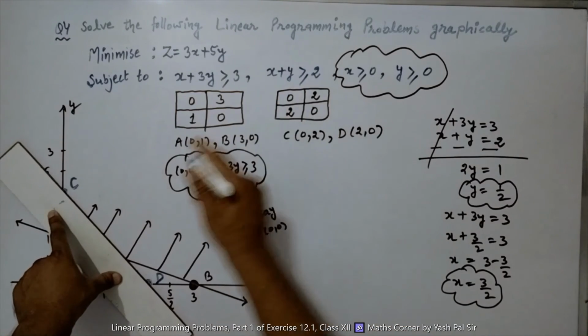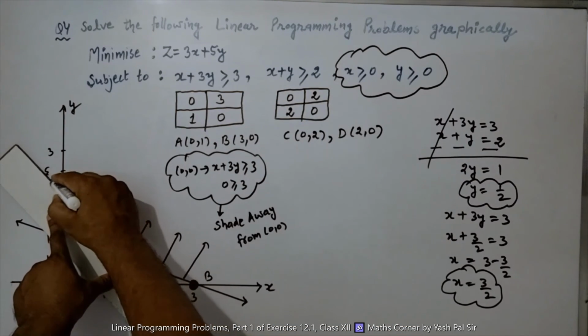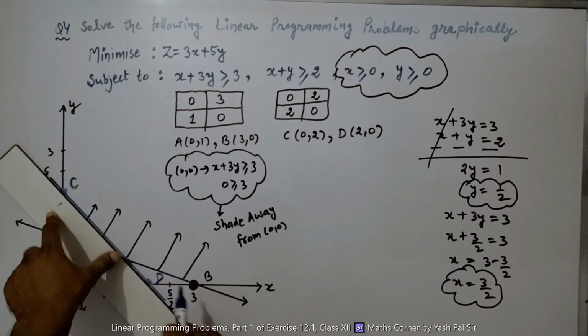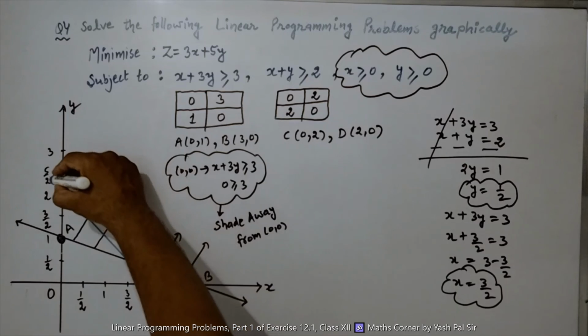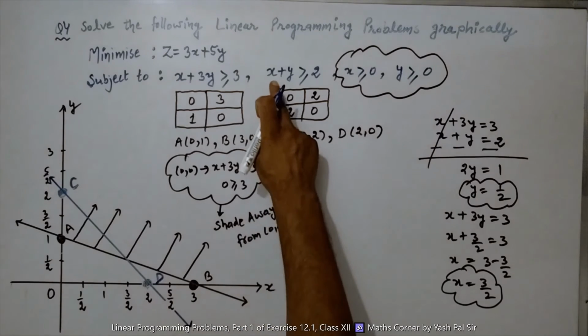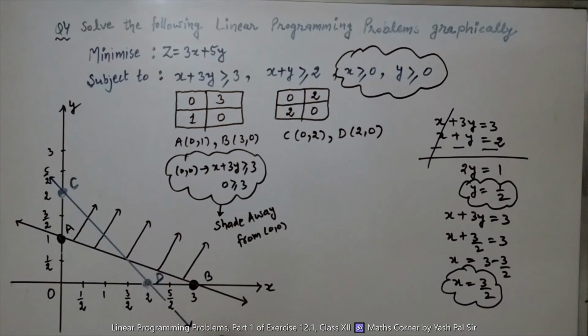We have to draw with a dark line because of this equal to sign. We also make arrow sign to both sides. We also write the name of the line. The name of the line is x plus y is equal to 2. And the previous line was x plus 3y is equal to 3.